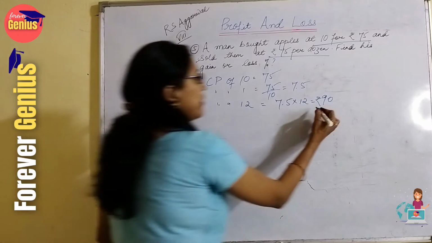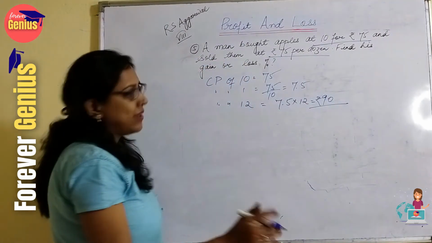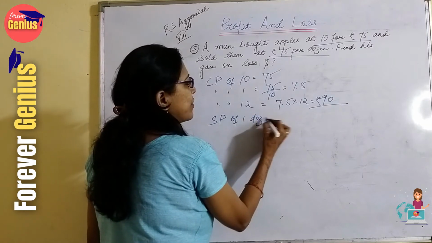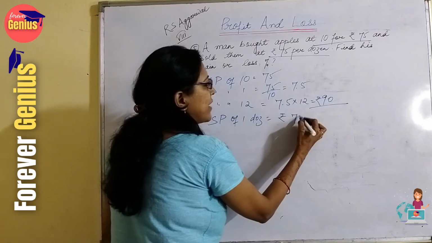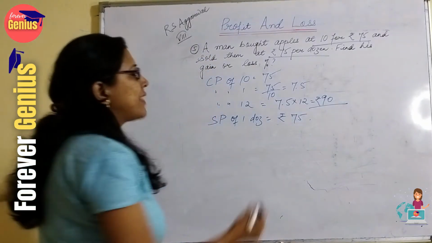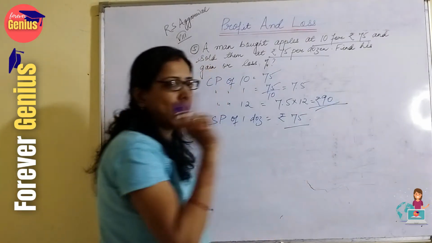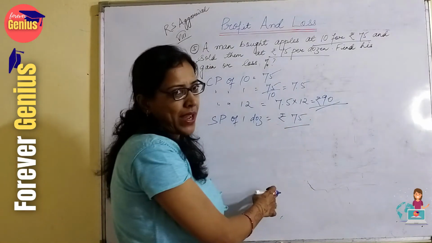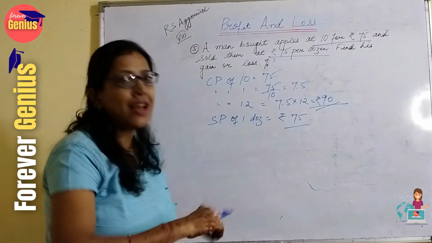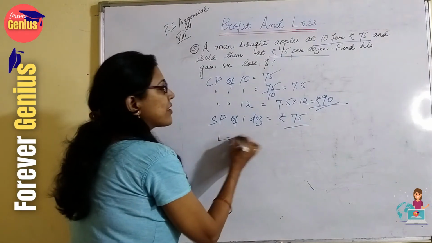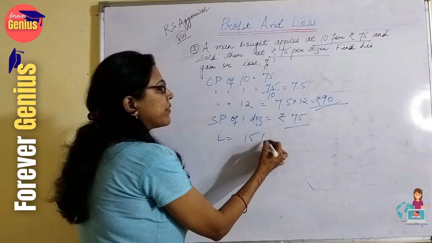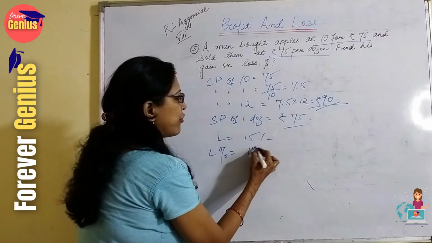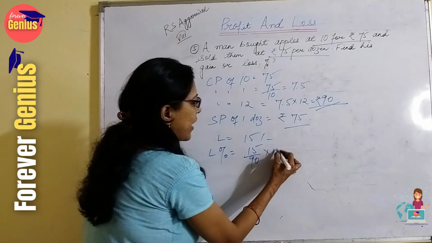So when the cost price is 90 rupees and the selling price of 1 dozen is equal to 75 rupees, we can clearly see that the person is making a loss, because when selling price is less than the cost price, the person has incurred a loss. So loss is equal to 15 rupees, 90 minus 75, and loss percentage will be what? 15 by 90 into 100.